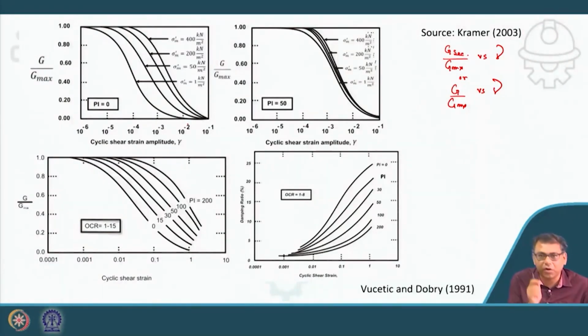So this is called modulus degradation curve. Okay, this is called modulus degradation curve. So that means at low strain level G is equal to G max, so that is close to 1.